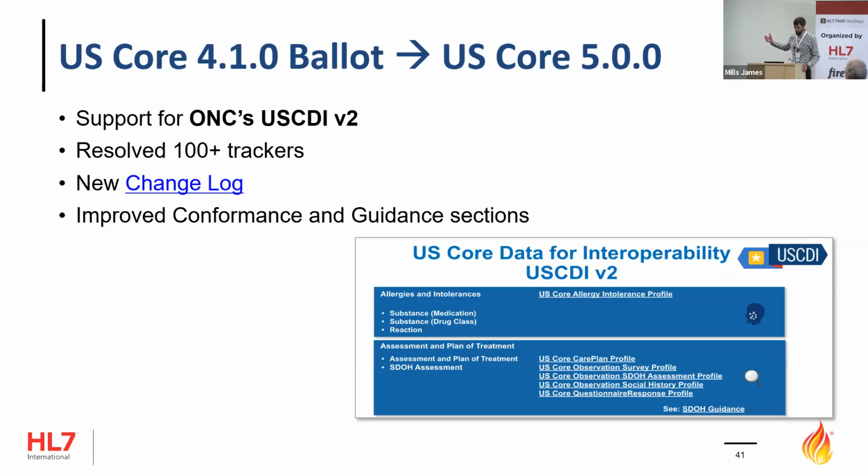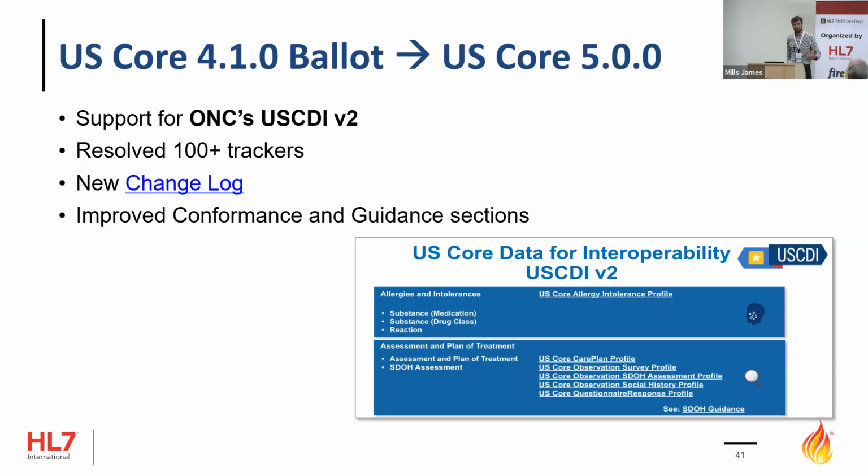This is 5.0, which was published two weeks ago: another 100 trackers, and an incredibly detailed change log. The feedback we've gotten over and over again is, please be very specific about what's changed. So there's a whole page that lists every change we've made, and we try to keep it meticulously up to date.